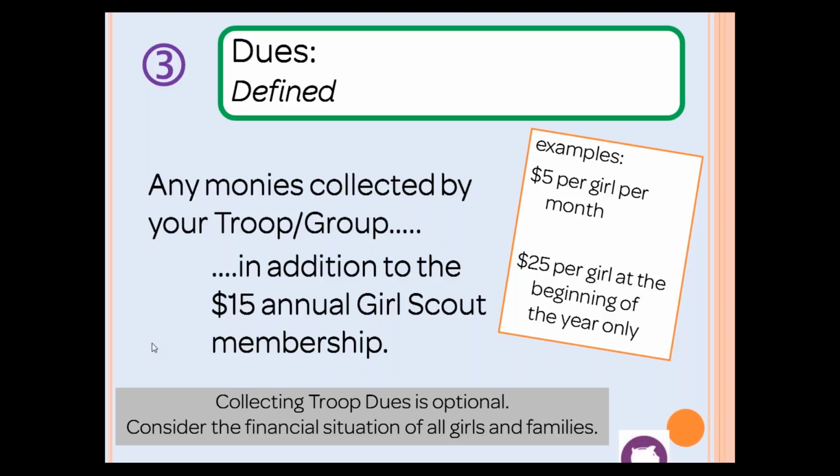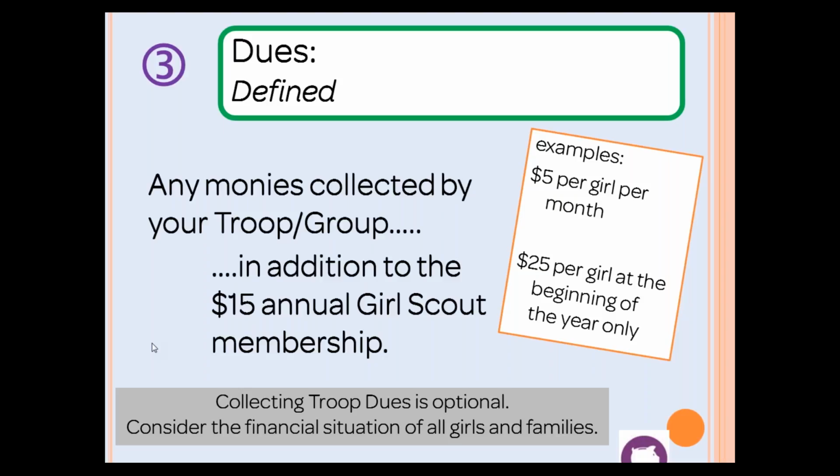And remember that dues is optional. Try to consider the financial situation of all the girls and families. We want to make sure that every girl is included regardless of financial situations. So keep in mind to always do this as a group effort with a consensus amongst everyone, something that works for everyone.